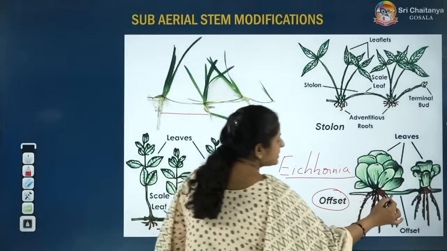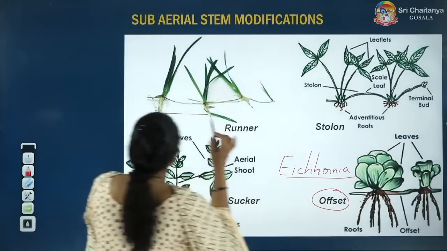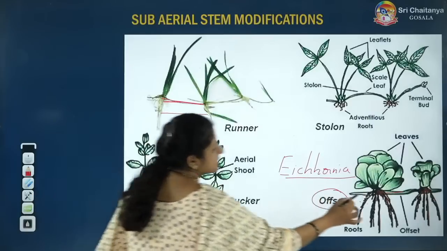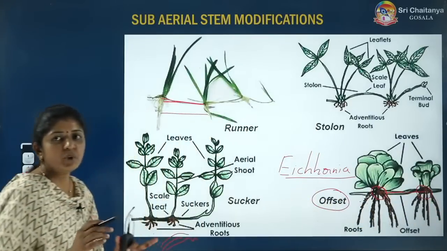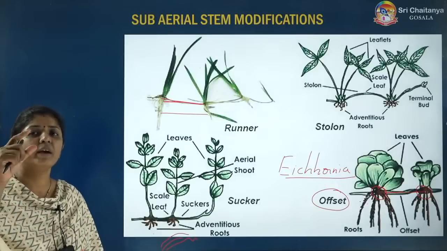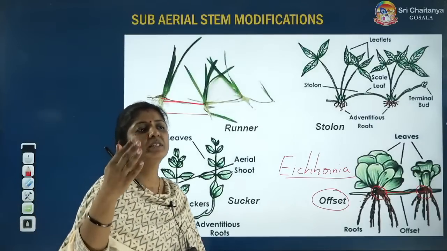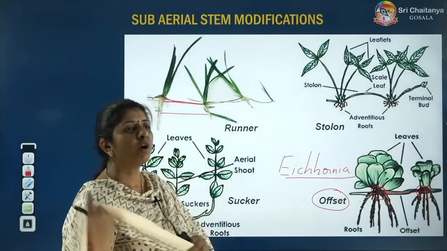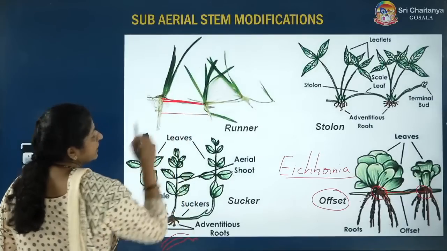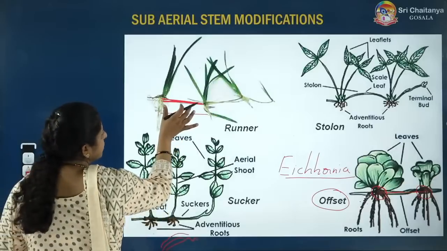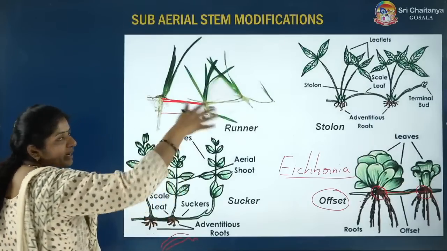But here, this is the internode, right? Even the internode has nodes at this point. I hope I need not say again, nodes are where the leaves originate. Runners have this part, the internode, thin and elongated and spreading.